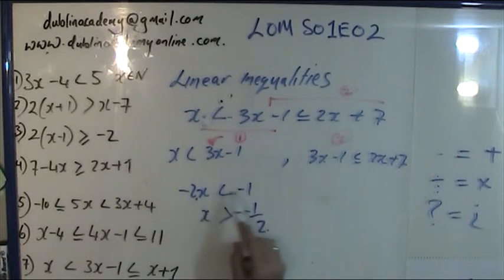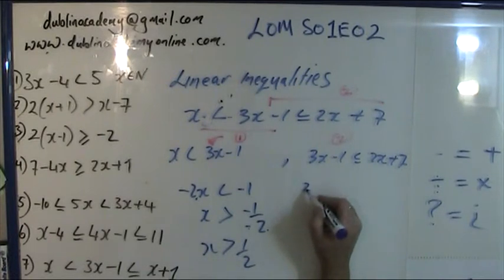If I divide across by a minus, I must change the direction of the sign, because in fact you're changing the fundamentals of this x. You're inverting it, but you're making the inequality totally different. So I'm not going to get into it, but if you have a multiplication and you bring it across and divide and it's a minus, you change the direction of the sign. So minus into minus is a plus, x is greater than a half.